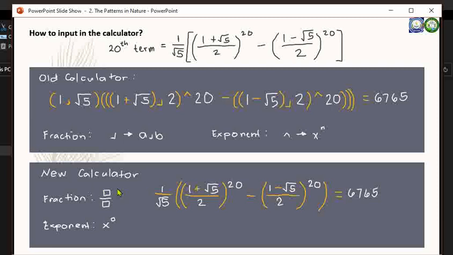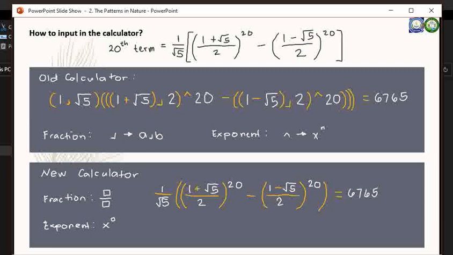In the new calculators, you don't have to make an issue when it comes to inputting fractions because you can just input it as how you see it. It's just that the grouping symbols are all parentheses, so you cannot actually use brackets or braces and the like.